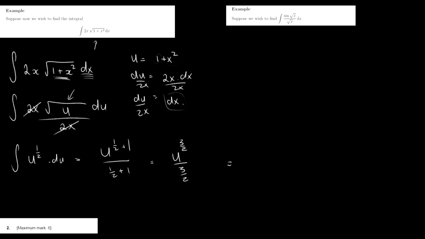First, let's multiply with the reciprocal, so that cancels. We're left with 2u^(3/2) over 3. Just bring back whatever u was: 2 times (1 plus x squared) raised to the 3/2, over 3, plus c.